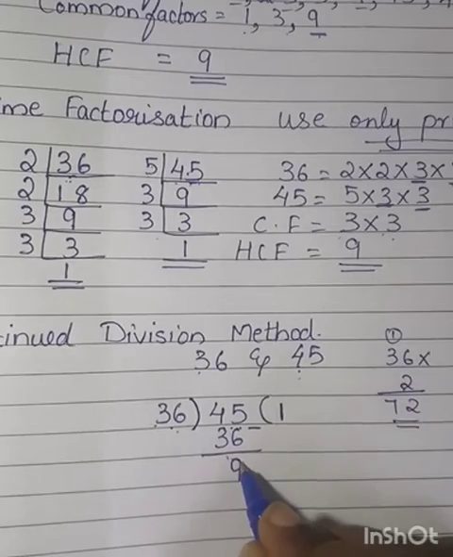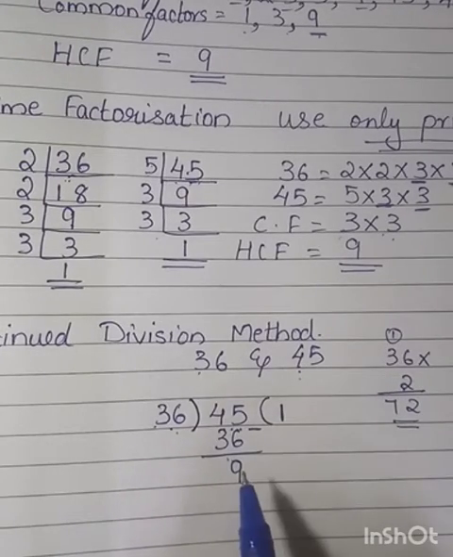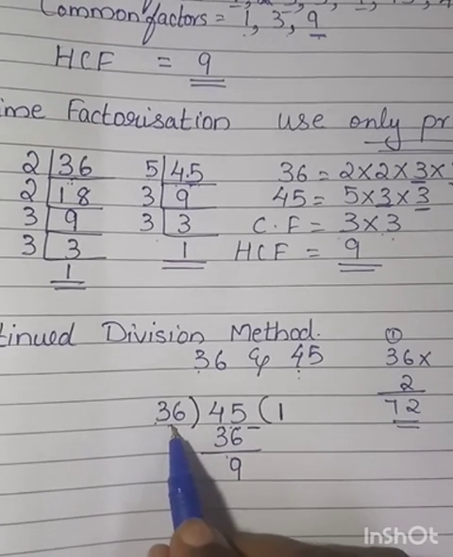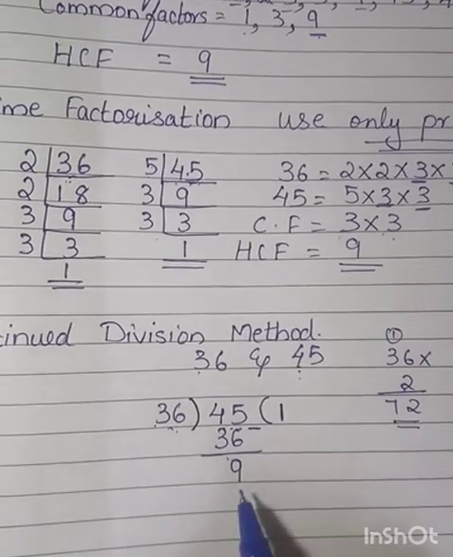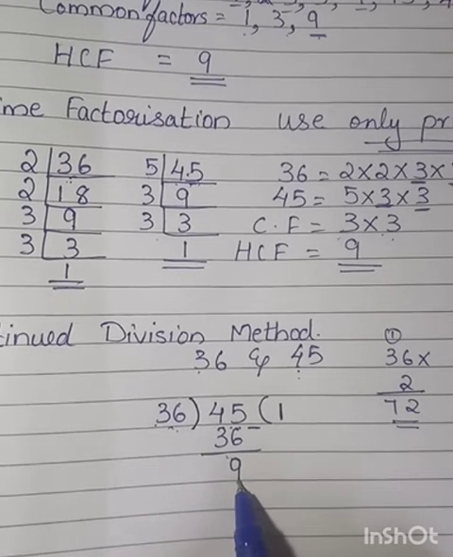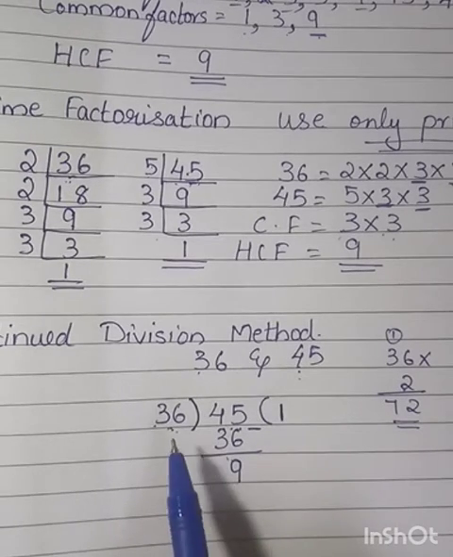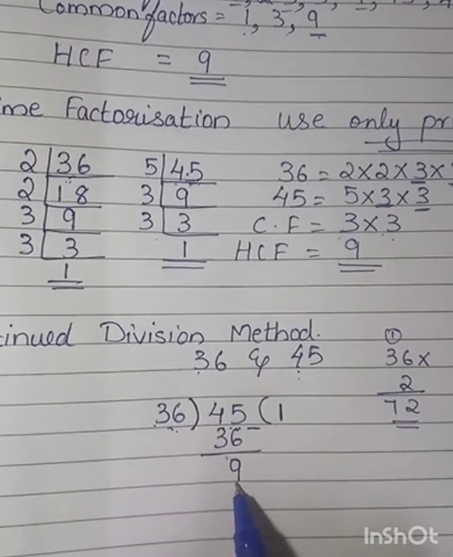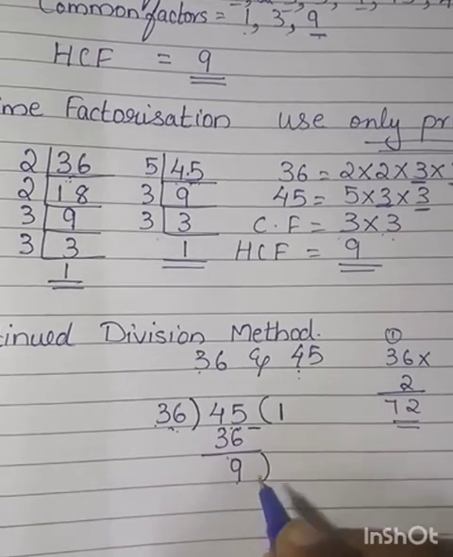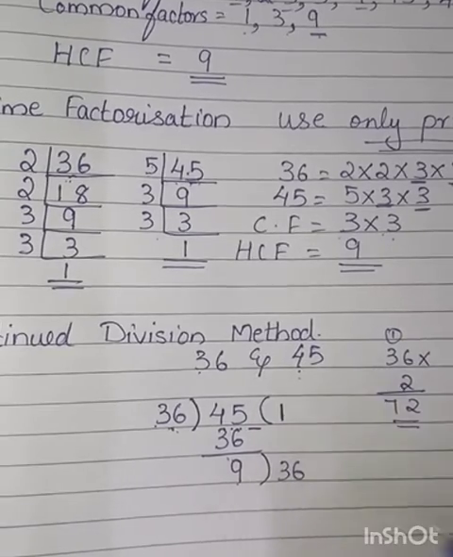Alright, then once you get the remainder, the second step is, now you have to take the previous divisor and divide it with the current remainder. So now our previous divisor here is 36. 36 you have to divide with 9. So I will just draw a curve here, and we will write the previous divisor, that is 36.